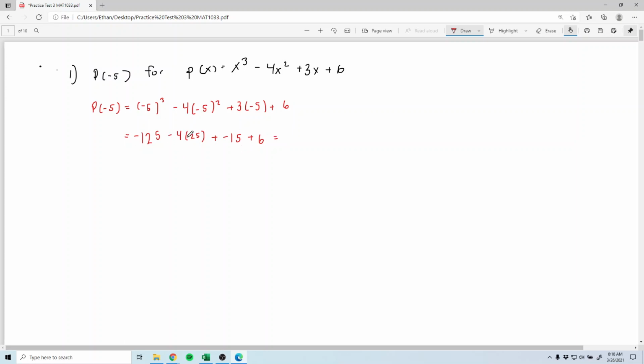You can start to combine your like terms, and 4 times 25 is 100. I'll take care of that, and then type it in my calculator. So I've got negative 125 minus 100, then plus the negative is just minus 15, plus 6. What does that equal? Just bust out your calculator, and we get negative 234.